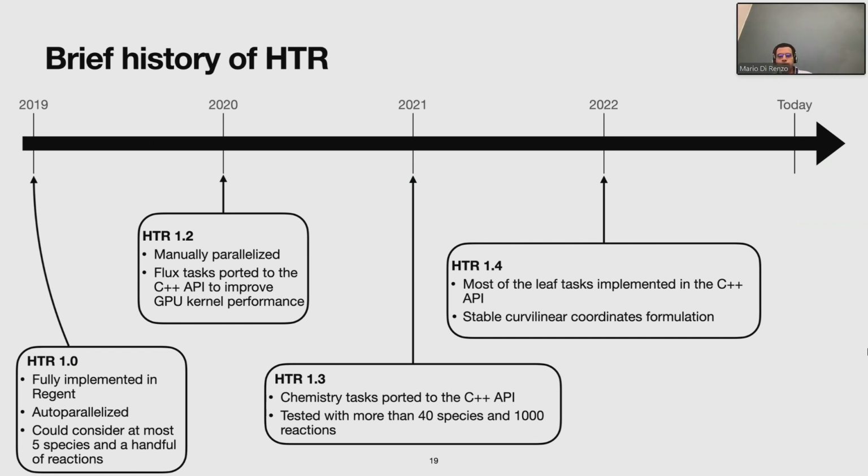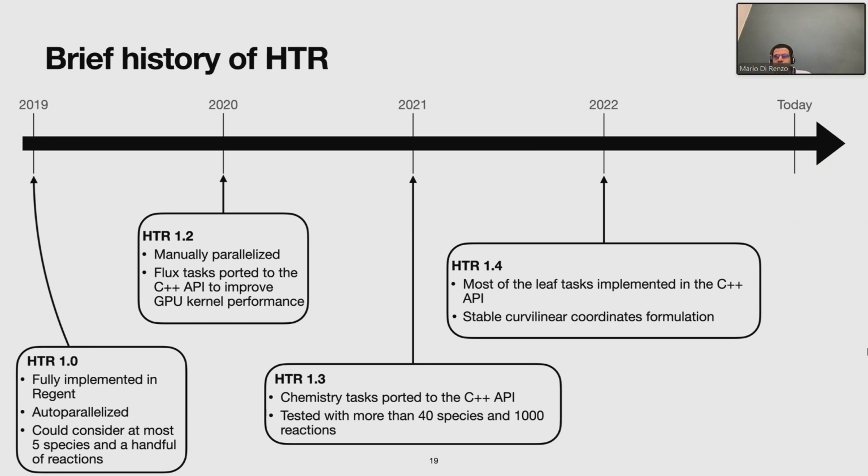Now, as you can see through this brief story, the trend in the HTR implementation has been that we started from Regent, and then we increasingly moved to the C++ API of Legion.